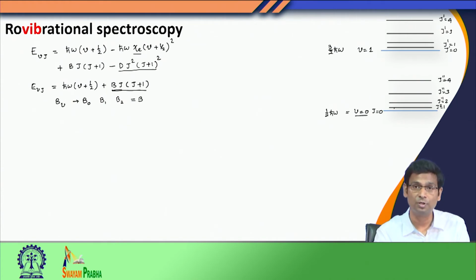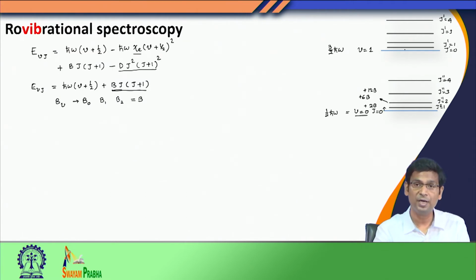When I have J equals 1, the energy gets added up. If you calculate this energy when J equals 1, I have 1 into 2, so 2B. So, this is the ground vibrational energy plus 2B, and for the next state ground vibrational energy plus 6B, ground vibrational energy plus 12B, and so on.